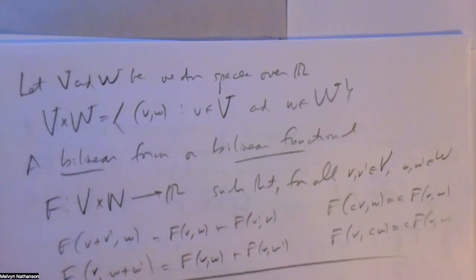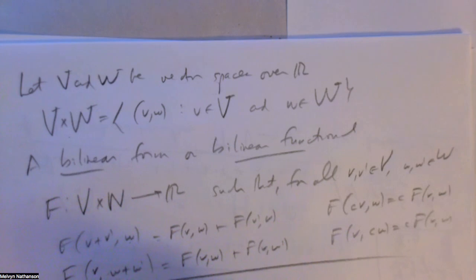And the function f from V cross W into R is symmetric. Let's see, I don't know if this is so well.